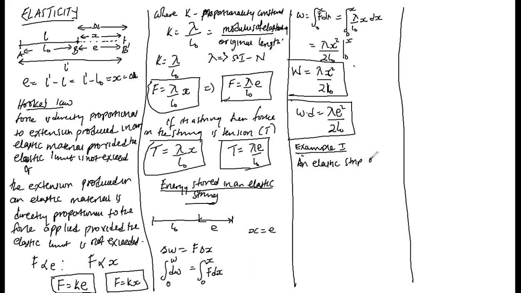An elastic strip of natural length. So L naught can also be called what? Natural length or the original length.